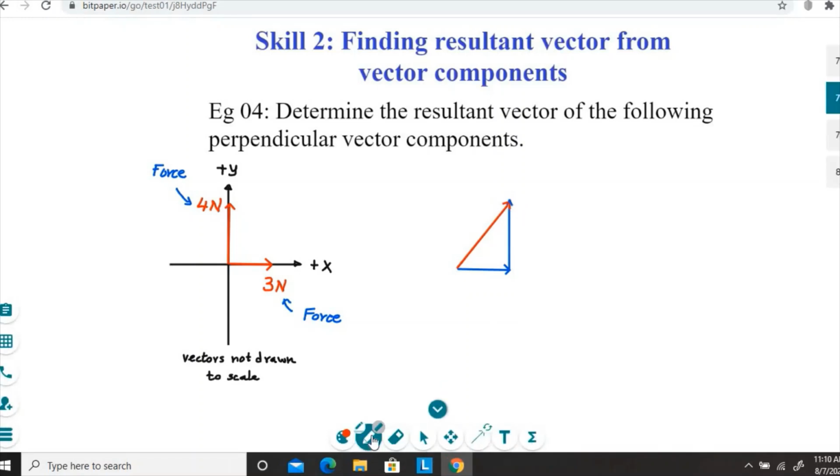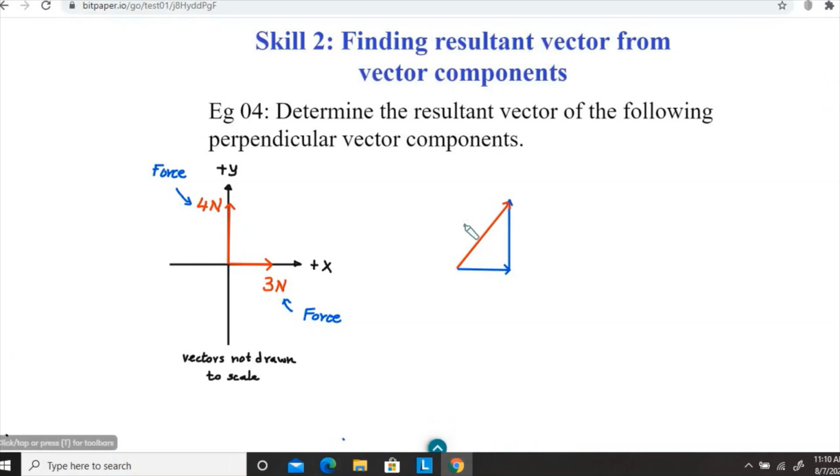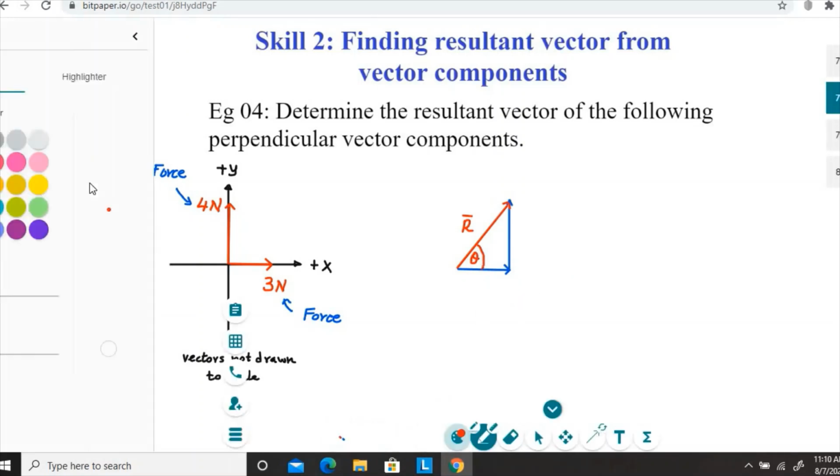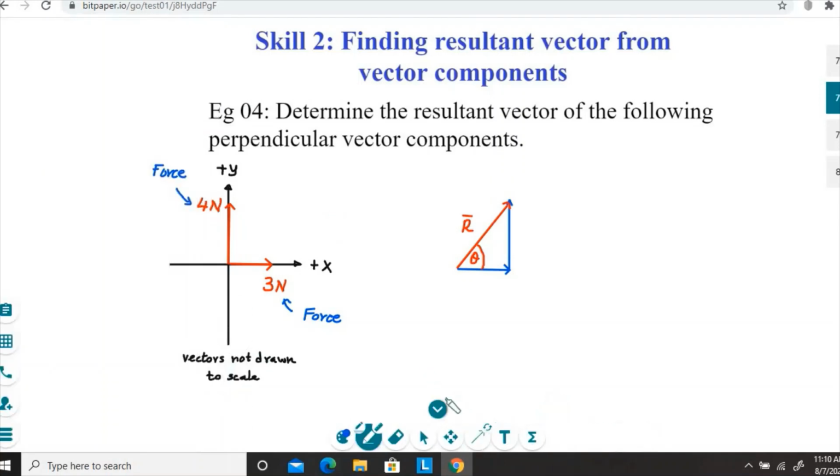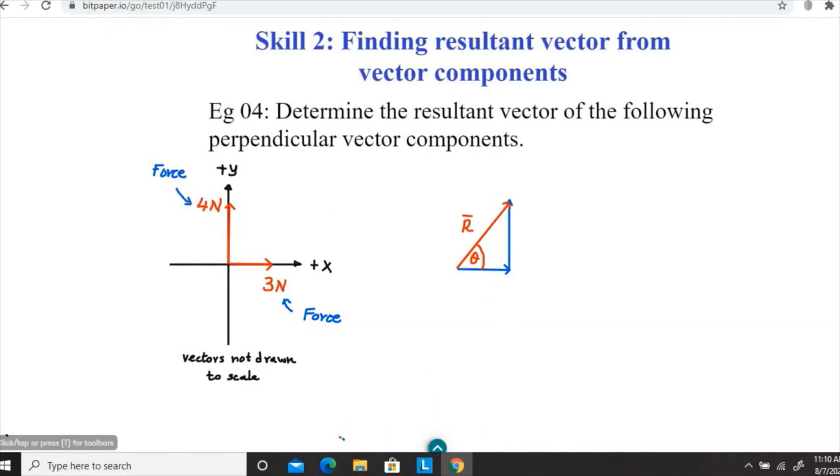And then our objective is to figure out the magnitude and the angle of this resultant vector. So let me say the angle makes a theta degree with the positive x-axis. And here you can see these are the component vectors. That is 3 newtons in this direction to the right and 4 newtons in the upward direction.